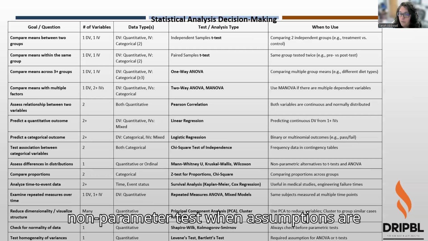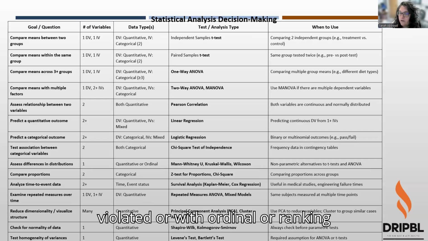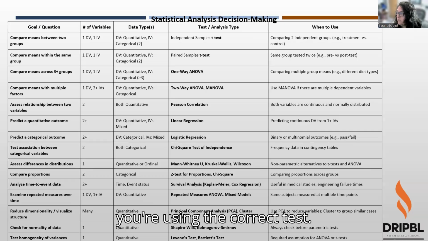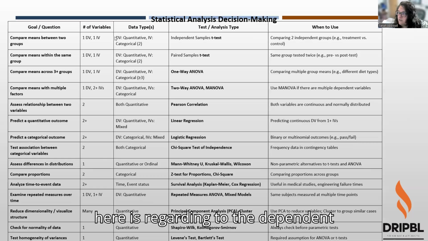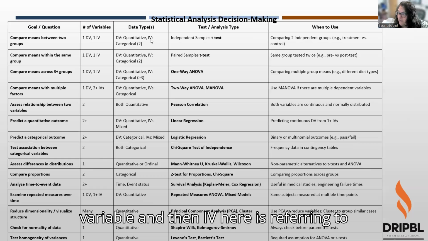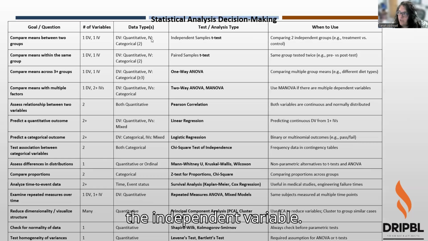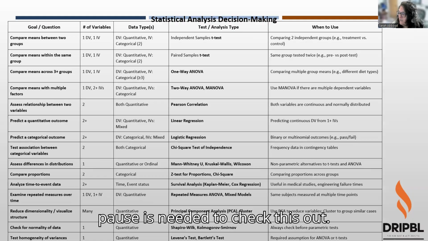If you're using a non-parametric test when assumptions are violated or with ordinal or ranking data, you want to make sure that you're using the correct test. And then just a reminder, the DV here refers to the dependent variable, and the IV here refers to the independent variable. Pause is needed to check this out.